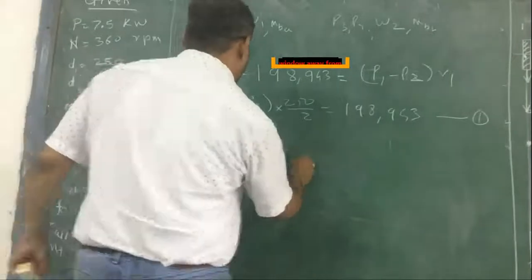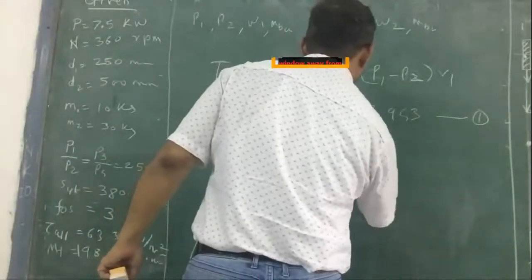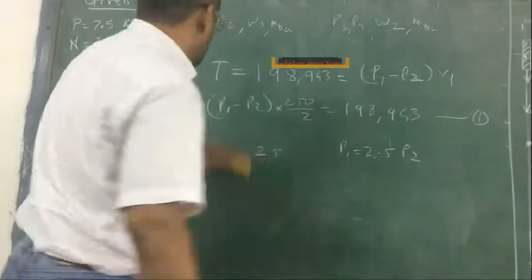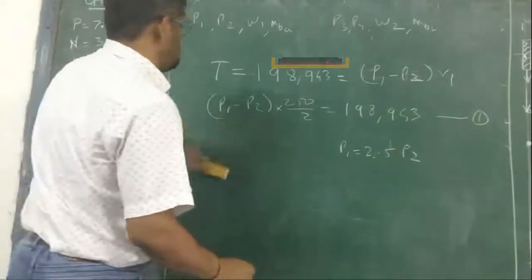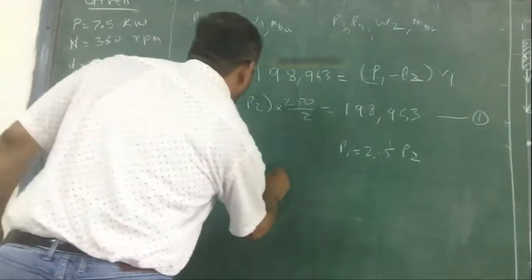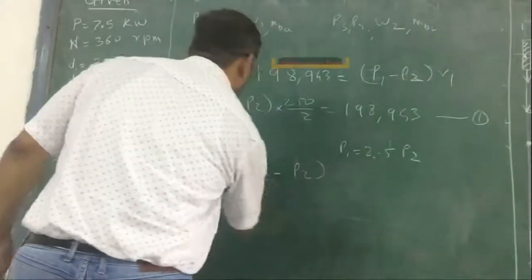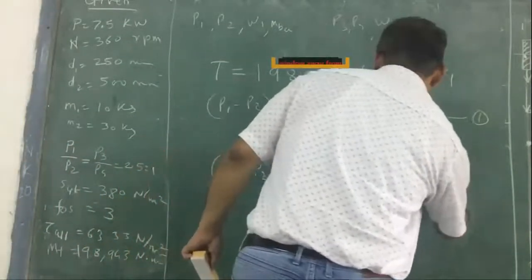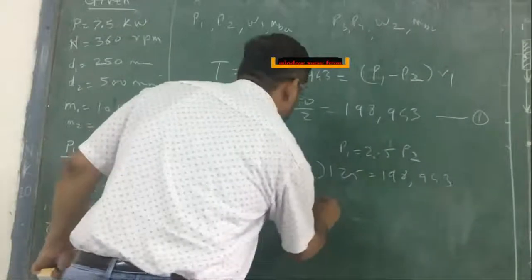So from this, P1 is equal to 2.5 times P2. Now putting that here, we get (2.5 P2 minus P2) into 125 equal to 198,943. With this equation we can find P2.